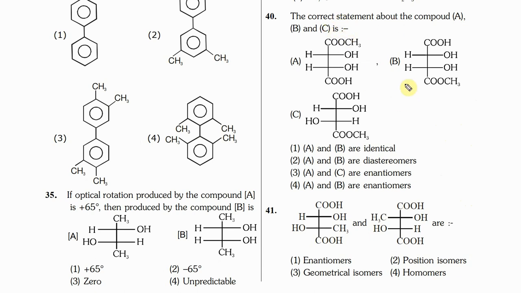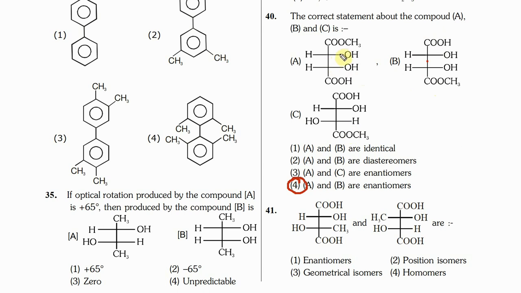What's the statement about these compounds? Okay, now when you see here, it's actually extremely simple. Now what you can do is rotate this molecule. When you rotate the molecule, COOH will be here and COOCH3 will go to the top. OH will come to this side. So A and B are enantiomers.